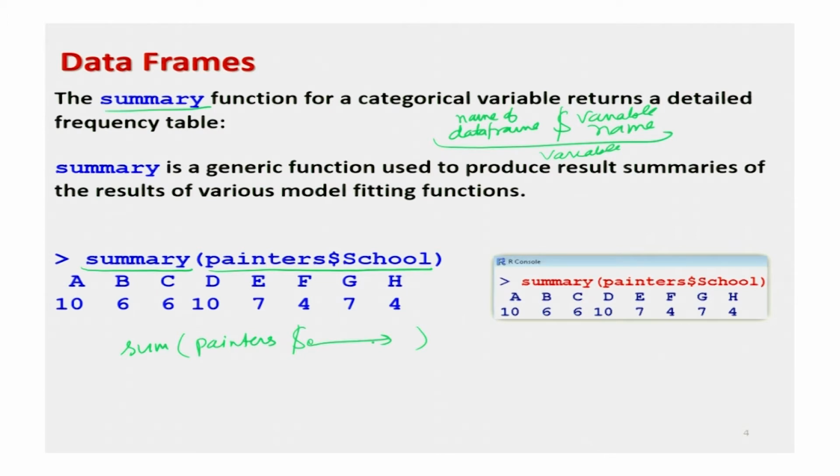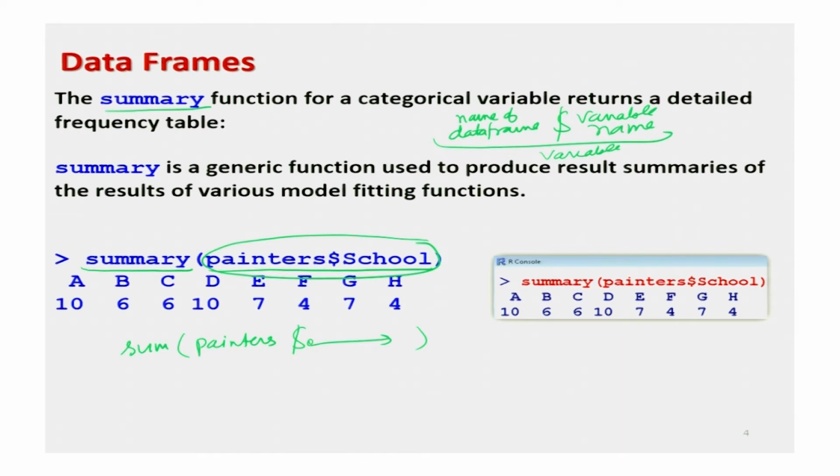So in this process, if you try to see what you essentially want, you want to know the summary or the mean of a particular variable, and in order to access that variable you have to first write the name of the data frame and then the name of the variable, and both have to be joined by a dollar sign.